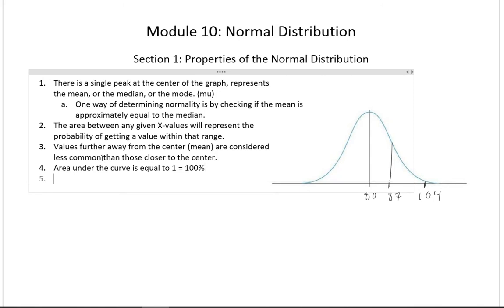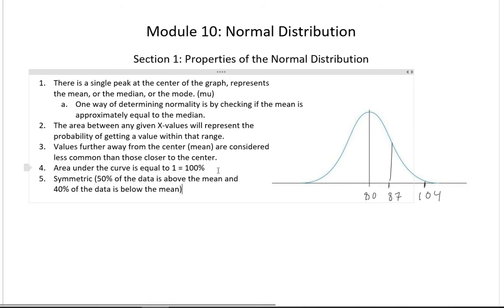The curve is considered symmetric. And what that means is 50% of the data is above the mean, and also 50% of the data is below the mean. So it's symmetric about that mean with mu. So any data above it or below it is equal to each other, and we are going to use that symmetry process a lot, so keep in mind that it is symmetric.